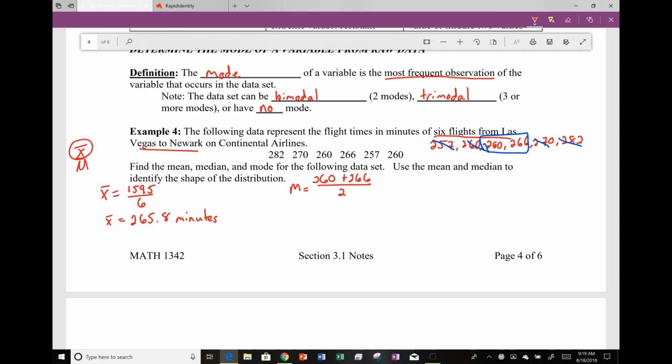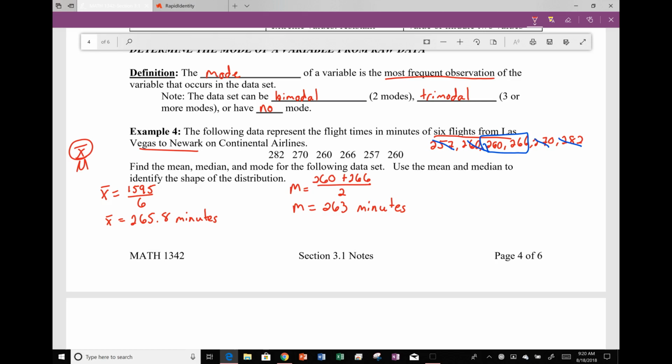Anytime I have two values in the center, for my median, I need to take their mean. So my median is 263 minutes. And you'll notice that I am putting units on here. It's very important because otherwise, I'm looking at this saying 263, what, seconds? Hours? Now, logic would probably tell us minutes, but we don't know that.